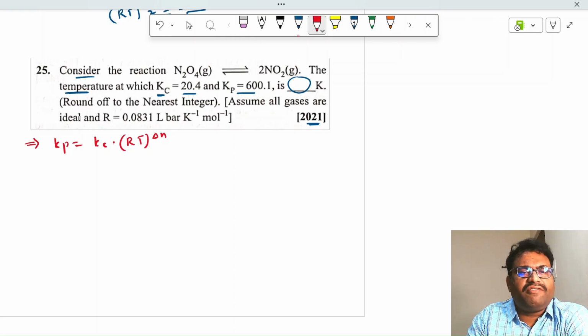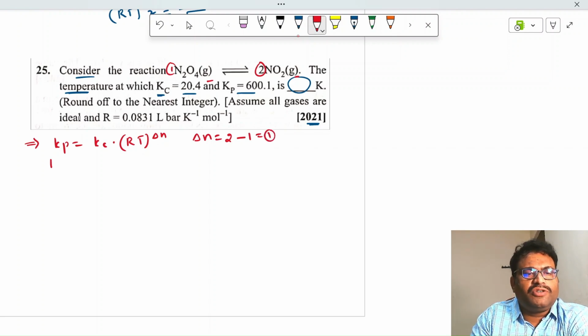What is delta n for this reaction? Delta n is equal to 2 minus 1, both are gases, so that is equal to 1. So Kp is equal to Kc into RT power 1, that is Kp is equal to Kc into RT.